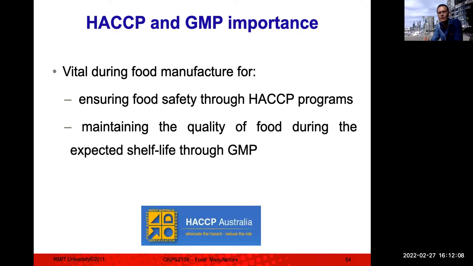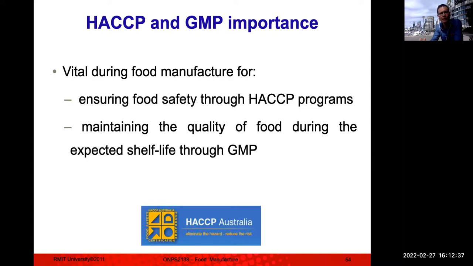HACCP is absolutely essential for food safety, as are GMP, good manufacturing practice, but also good agricultural practice, because I've spoken about what can be done on the farm to ensure that there are high quality products. So in terms of hygiene and sanitation on the farm, and everyday collection of milk from the bulk tank, those are examples of good agricultural practice.